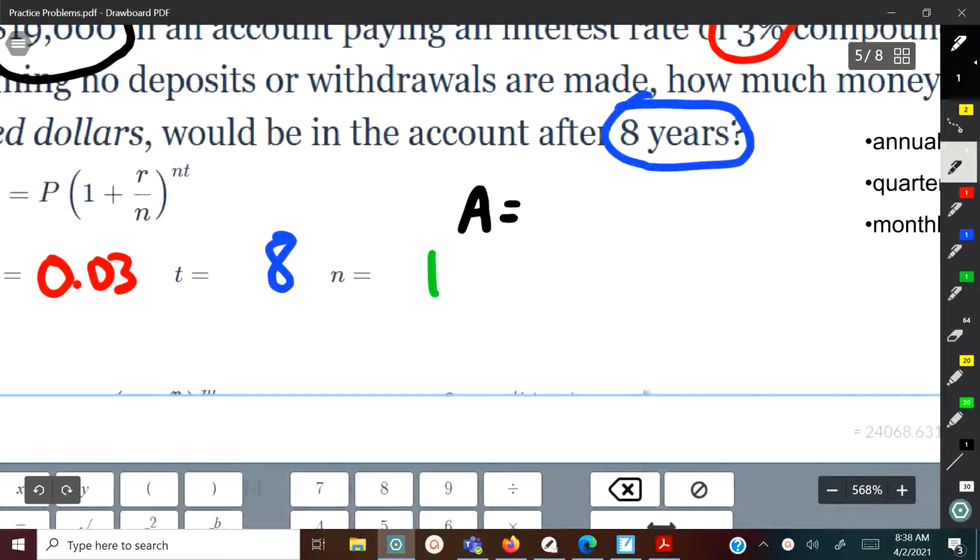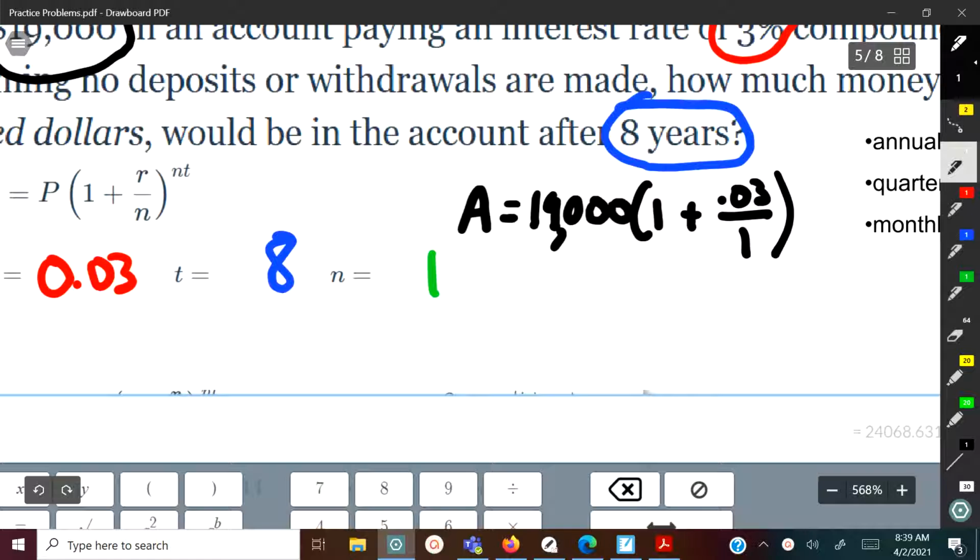Alright, A is equal to the principal, 19,000, times 1, plus the rate, 0.03, over N, which is 1, raised to the N, 1, times T, which is 8.